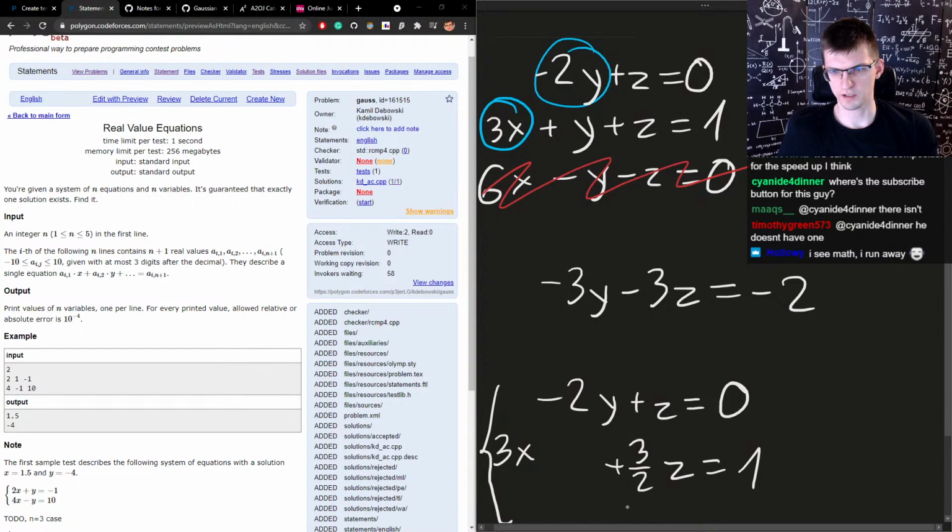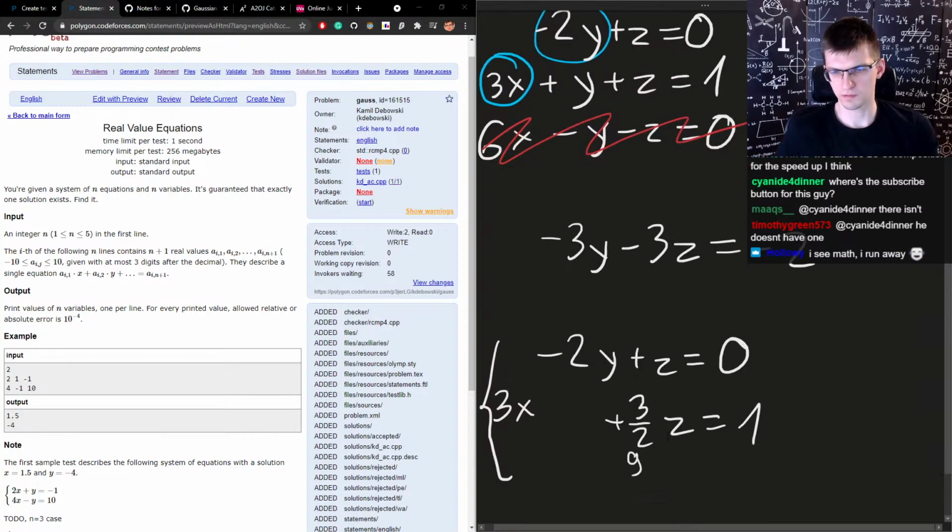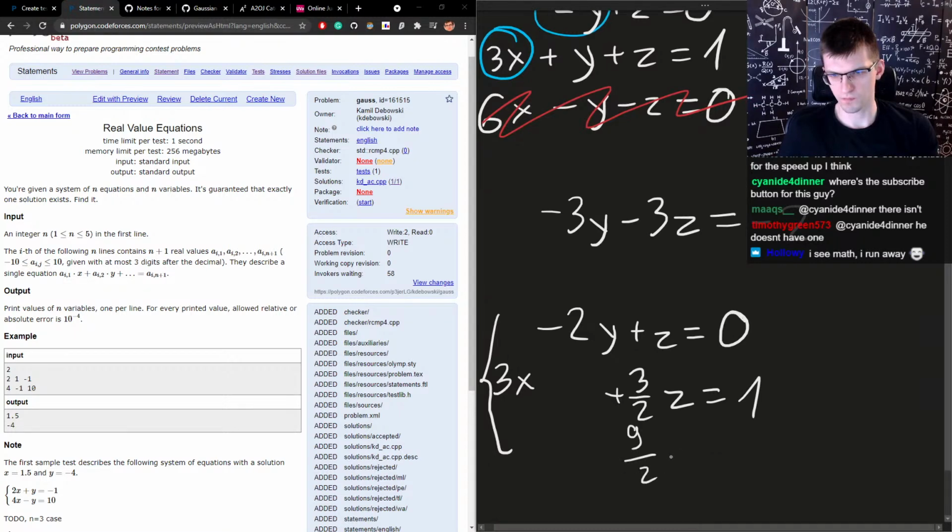So y gets erased, and then minus 3z minus this times 1.5. I think it's 4.5. This z is equal to, and here just minus 2 because we multiplied by 0.